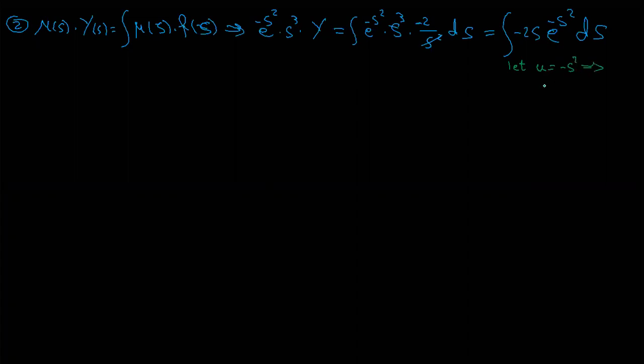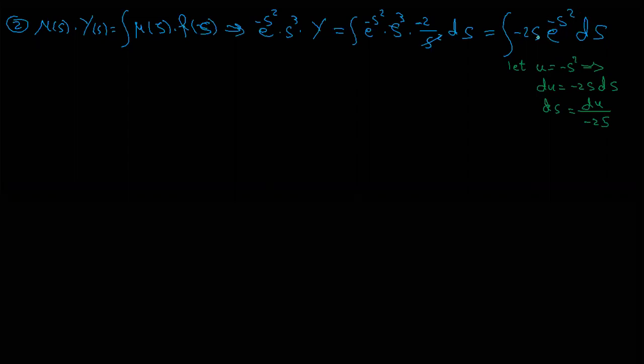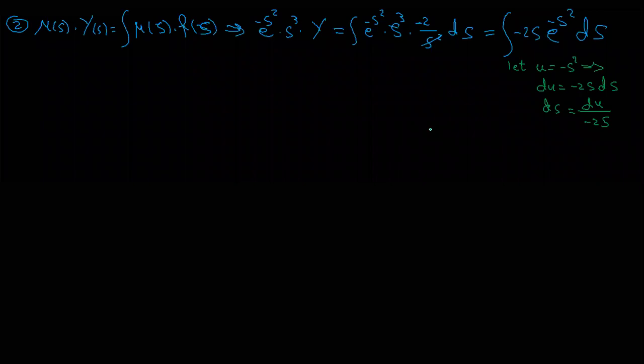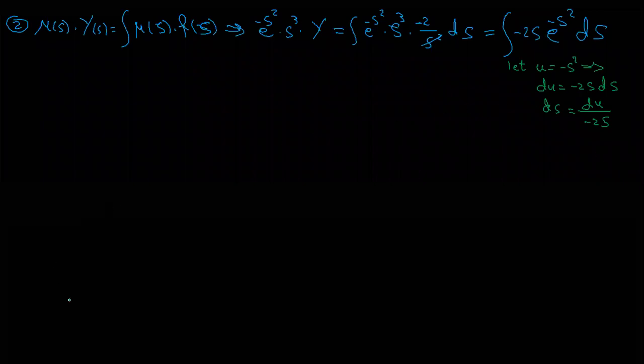That will give me du equal negative 2s ds, that will give me ds equal du over negative 2s. And for me, I found here negative s squared, and its derivative is negative 2s. So the integration is e to the negative s squared. But by the way, no need to do like what I'm doing now. You can use this substitution, it is fully right.